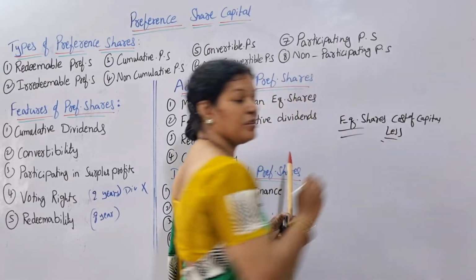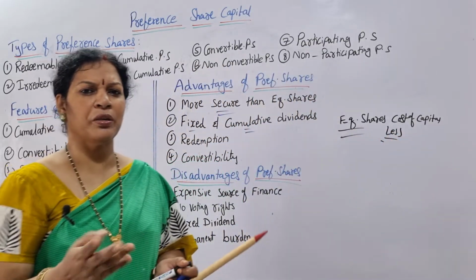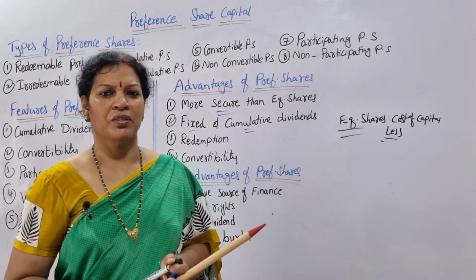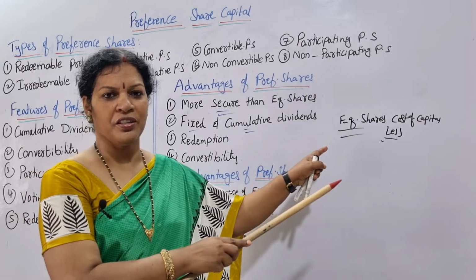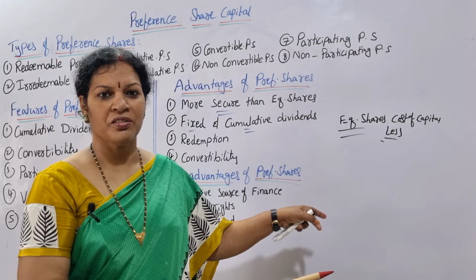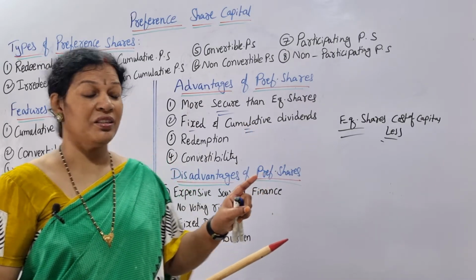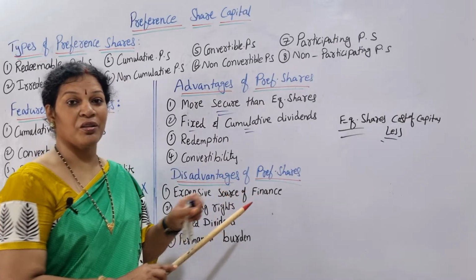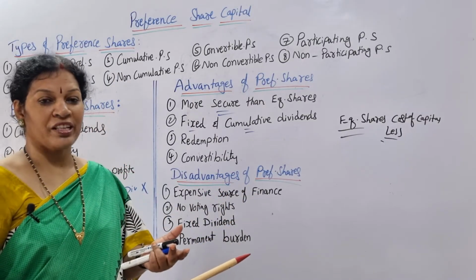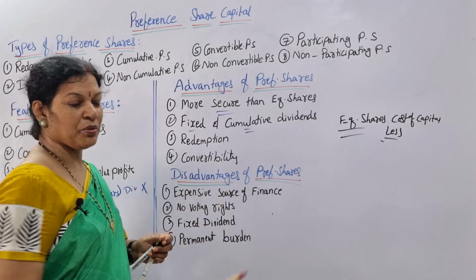Why is it less? If the company gets profits, it will give a dividend, otherwise no, isn't it? That kind of facility is there. But in preference shares, you have to pay at any cost. So that is why this costs a lot. This is more expensive than equity shares.